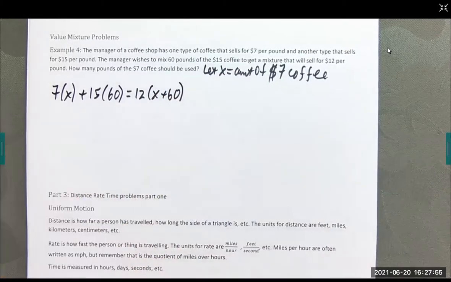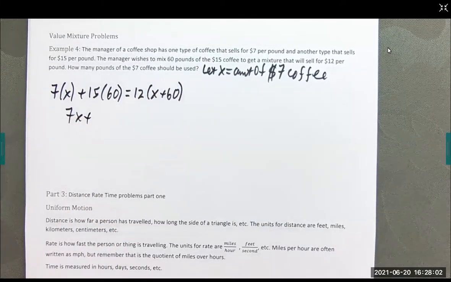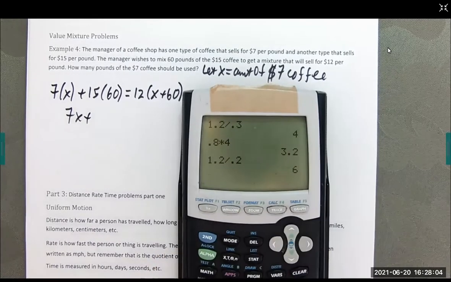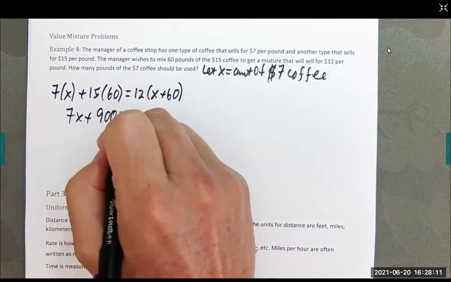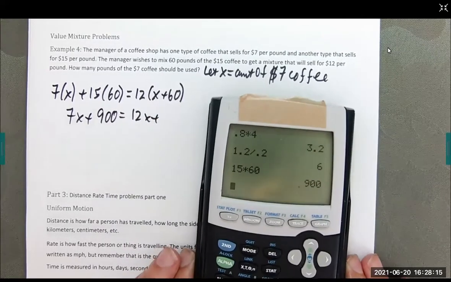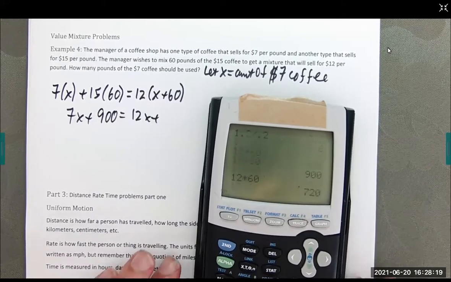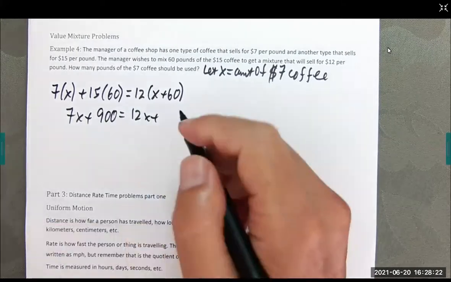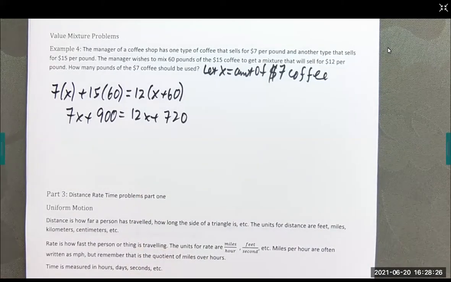So you can see the setup is very similar to the previous ones that we just did. So 7x plus 15 times 60, that's 900. 12 times 60 is 720. Now I'm going to move my x's to the left.